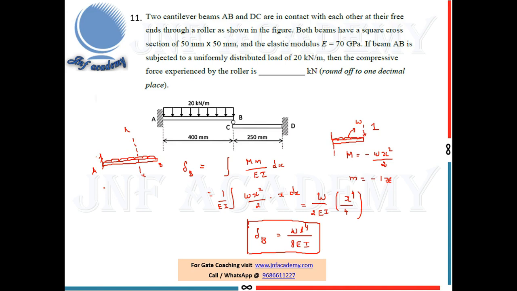If we don't have this portion, the beam will deform like this. But here we have another portion to oppose it, to resist it. Now we will take the next portion, another cantilever portion.